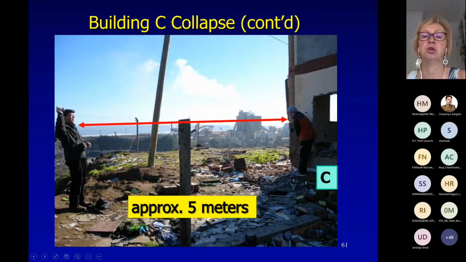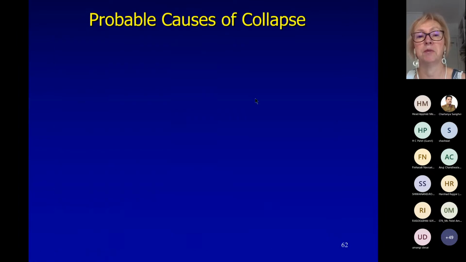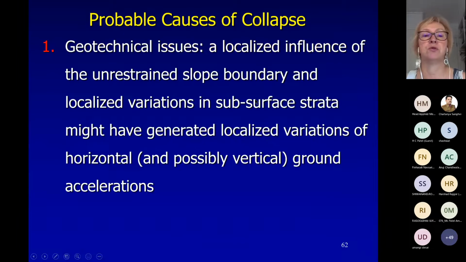So it was really close to the top of the hill, and it is believed that the fact that the block was closest to the hill caused the amplification of ground shaking and the highest shaking in that building compared to the other buildings which were further away from the top of the hill. So probable causes of collapse are geotechnical issues.